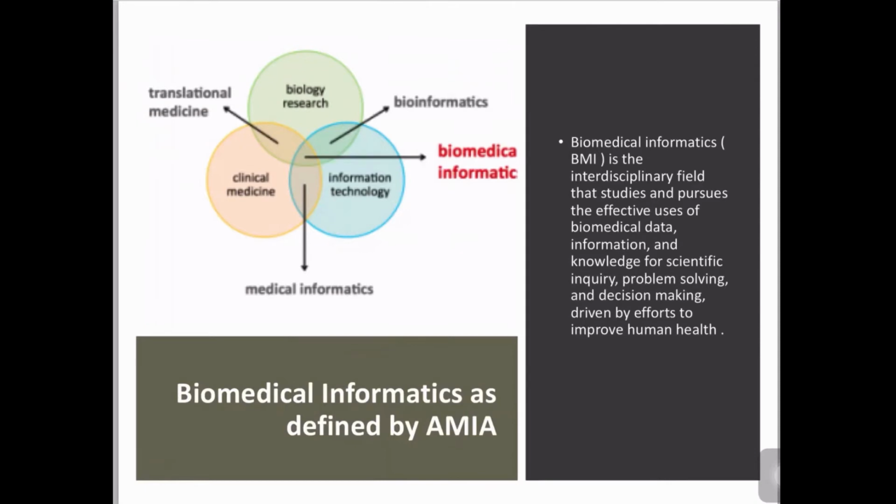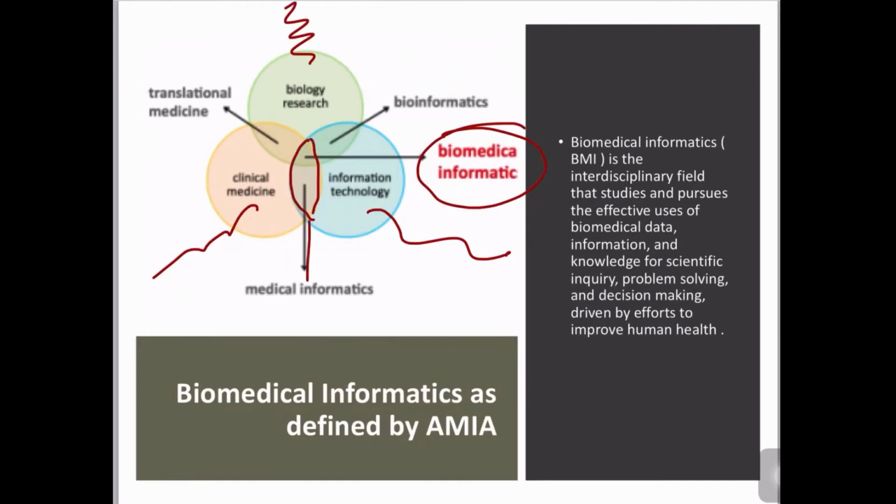we basically use healthcare informatics, biomedical informatics, and biomedical healthcare informatics. Now you see that the people who say biomedical informatics define it as the information technology circle, then the clinical medicine circle, then biological research. They call this point medical informatics, this one bioinformatics, and this one translational medicine.